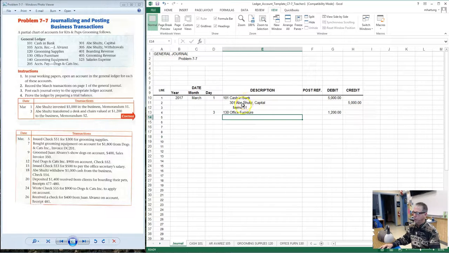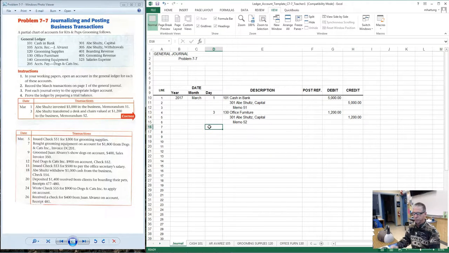And if you want, just come up here, click on it, Control C, shortcut to copy, come down here, Control V, save some typing, put in your $1,200, and what is the source document? Memo 2. Once again, Control C, Control V, double click, change the 1 to, there you go, 2.